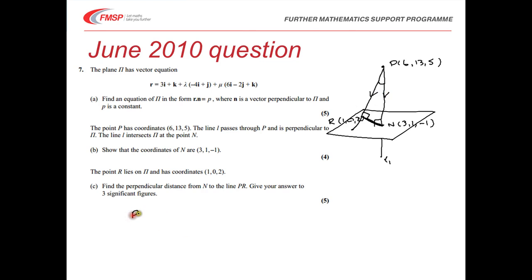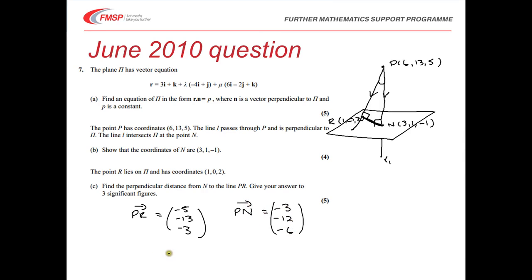Okay, so let's have a look at that then. PR in my diagram is the vector (-5, -13, -3), and PN is the vector (-3, -12, -6).